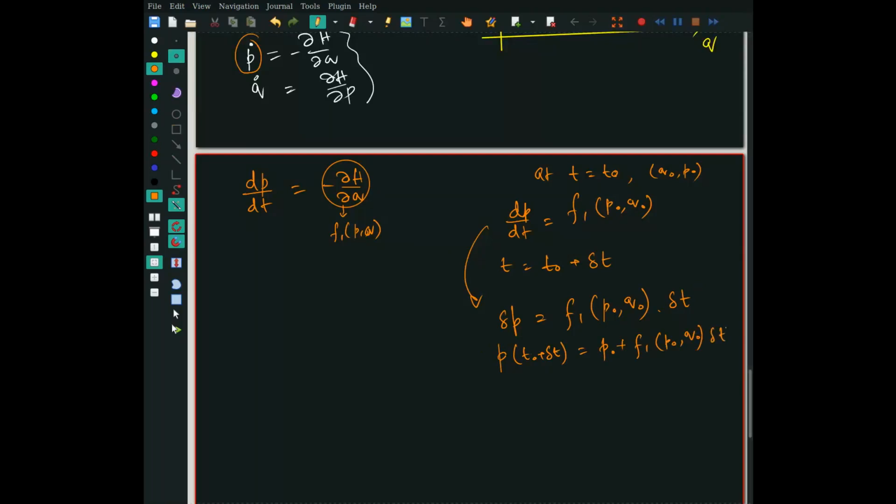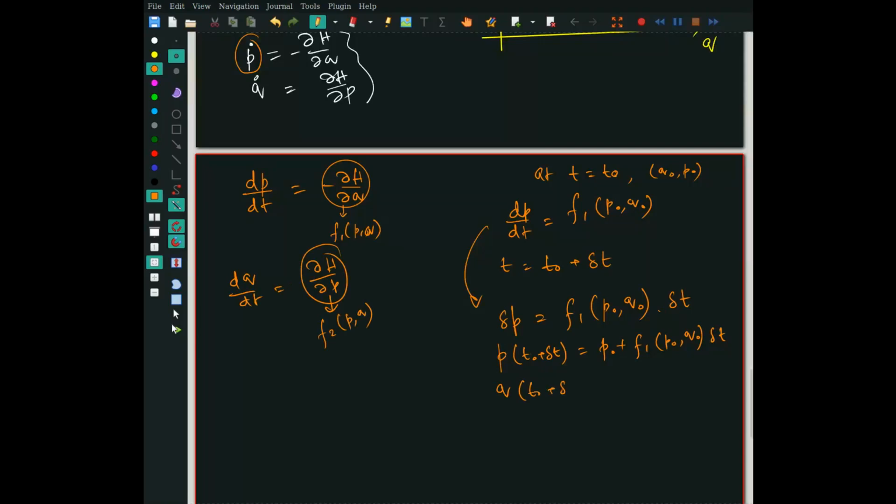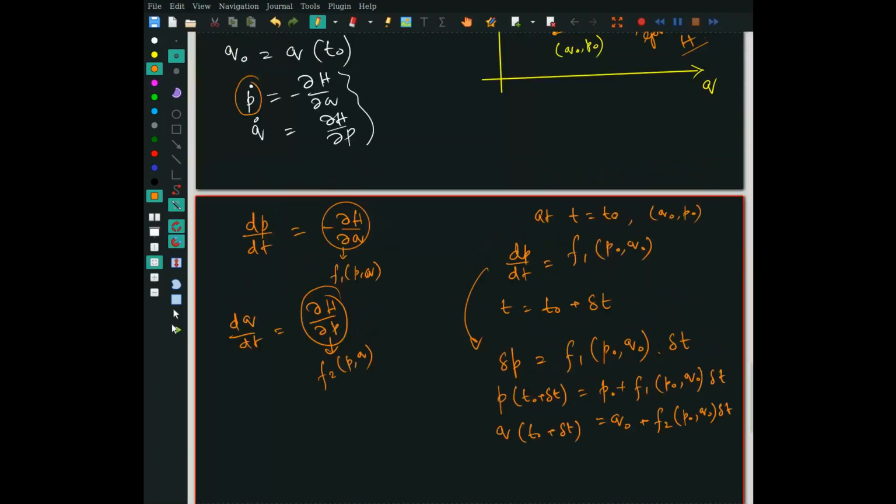All right. In a similar manner, you could have written that dq/dt is del H del p, which is another function of p and q. So let me call it f2(p, q), and then q at t0 plus delta t, in the same spirit, would be given by q0 plus f2(p0, q0) delta t. So given the position, by position I mean the phase space coordinates.